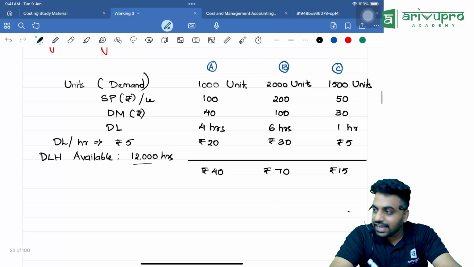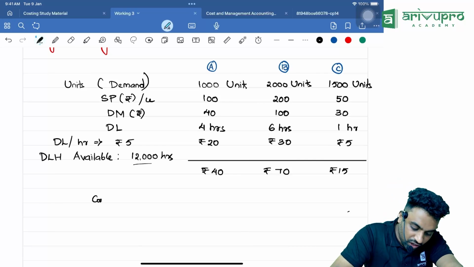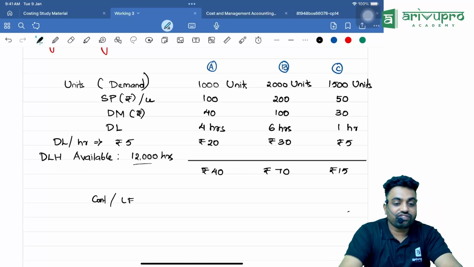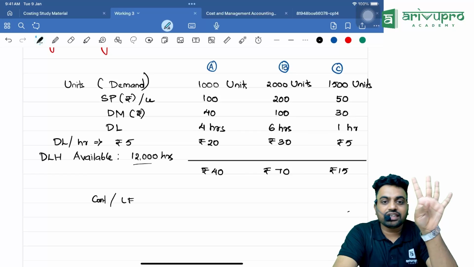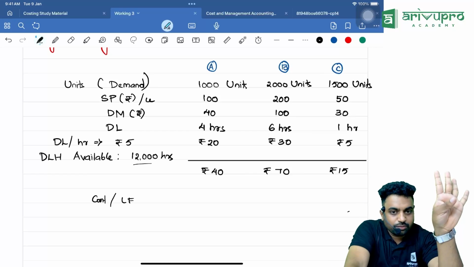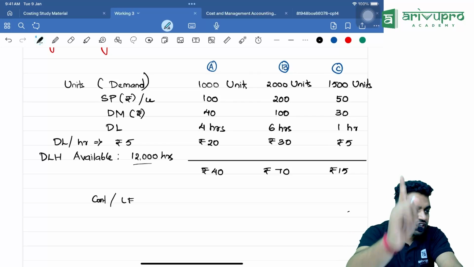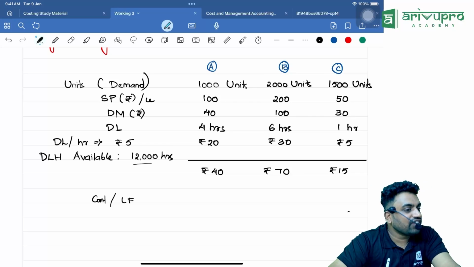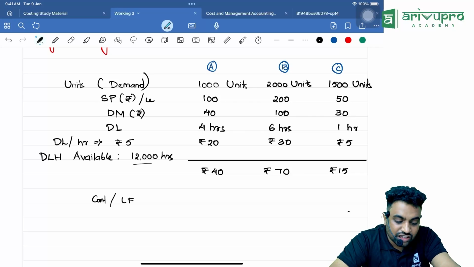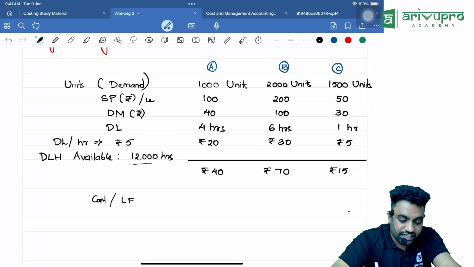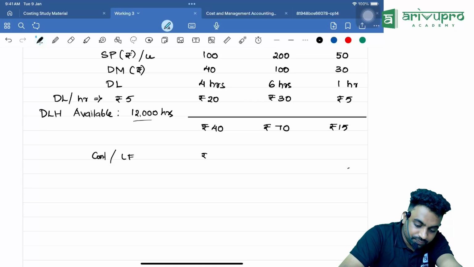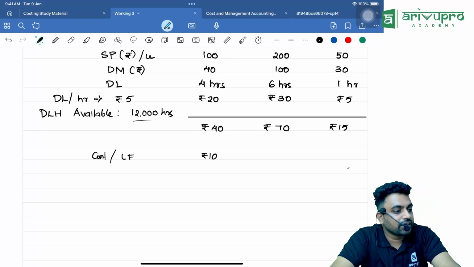Now A, listen here. Contribution per unit of limiting factor. 40 rupees you can take as a contribution if you produce 1 unit of A. 1 unit of A takes how many hours of labor? Which means per hour 10 rupees.